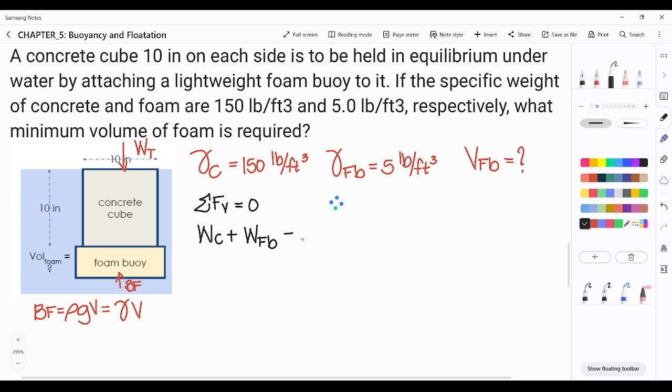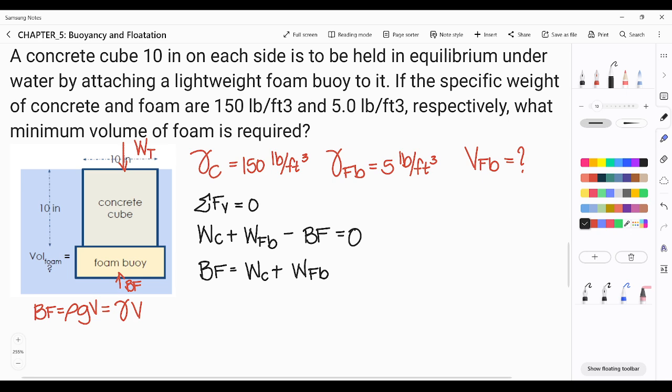This is the buoyant force. And they must be equal to 0 again to hold them in equilibrium. Ayan, this is our working equation to solve this problem. Let's just arrange this. Lalabas na ang buoyant force natin ay equal sa weight ng concrete plus weight ng foam buoy.